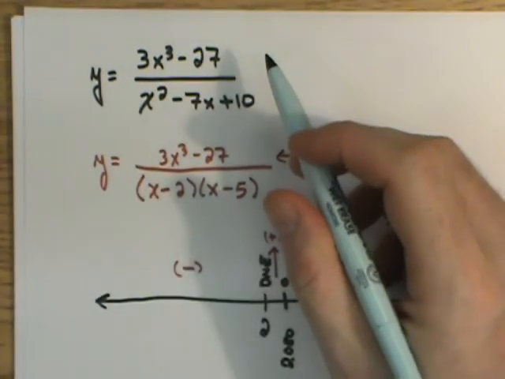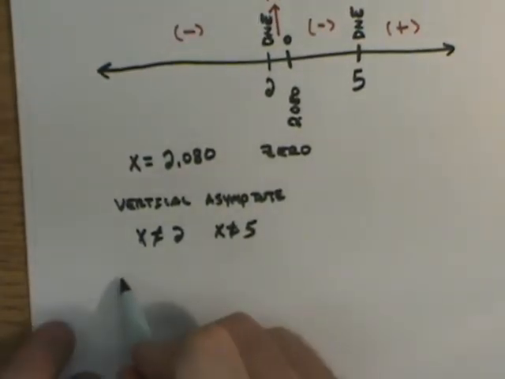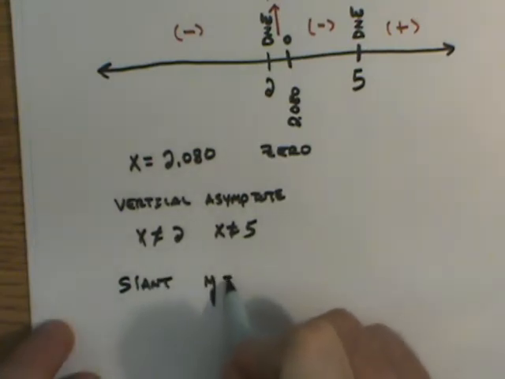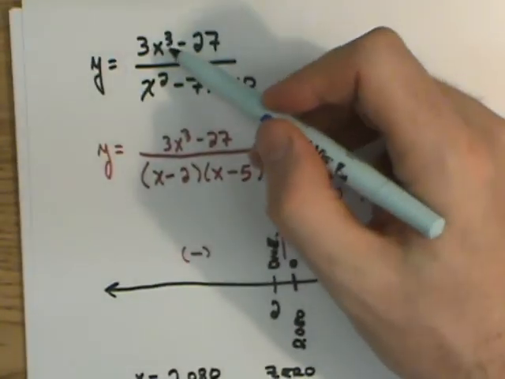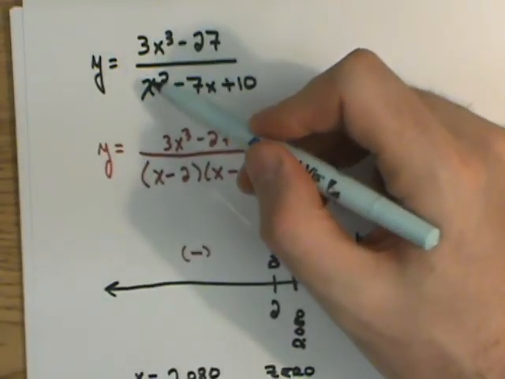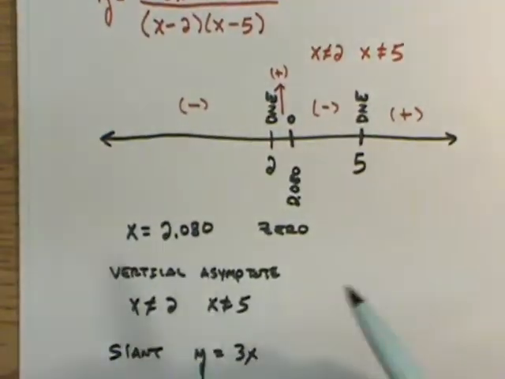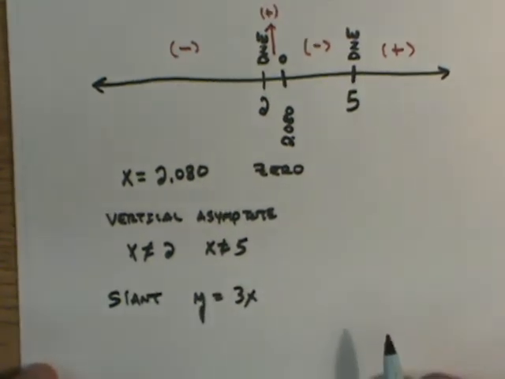It's good enough for my graph here to understand that it's going to go roughly around y equals 3x, because the ratio of leading terms would be 3x to 1. Now, there could be another value on this. Right now, I'm just going to go with that ratio of leading terms and say y equals 3x, so I know I have a slant asymptote.